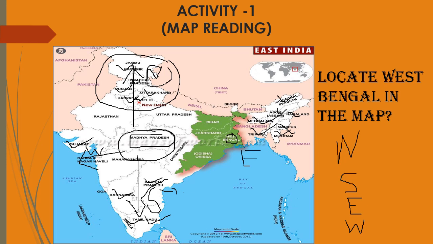Now many times whenever you are doing map reading, you should also remember the neighboring states. For example, if I ask you what are the neighboring states of West Bengal, your answer will be Bihar, Jharkhand and Odisha. These are the neighboring states of West Bengal. And can you see this?